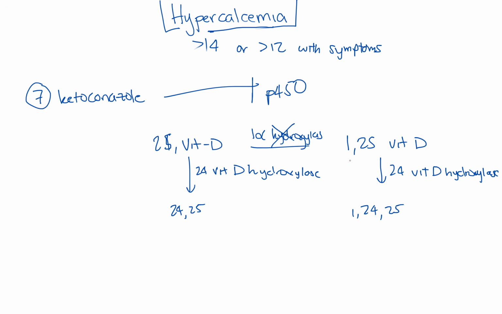However, the downside of using this treatment is that you also inhibit the natural inhibitory enzymes, 24 vitamin D hydroxylase, which may convert your active calcitriol to inactive calcitriol. So if a patient already has very high calcitriol levels, it may be a little harmful, but it would prevent further production of calcitriol and calcitriol dependent processes.